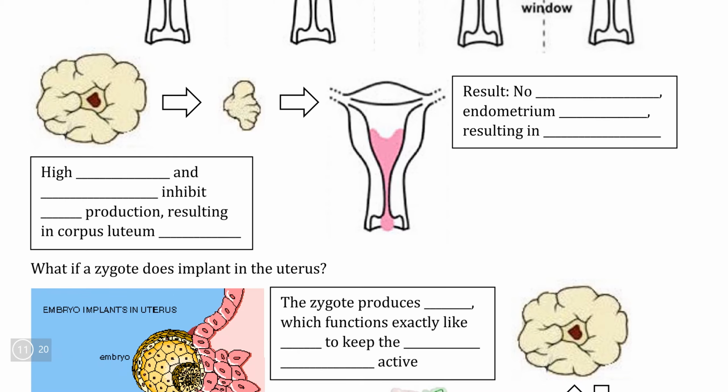Now, in the event where we do not have a successful fertilization of a zygote, we can see the negative feedback loop, which we discussed in the previous video, in which the high concentration of estrogen from the follicular phase and the high concentration of progesterone from the luteal phase travel back to the hypothalamus in order to inhibit GnRH production.